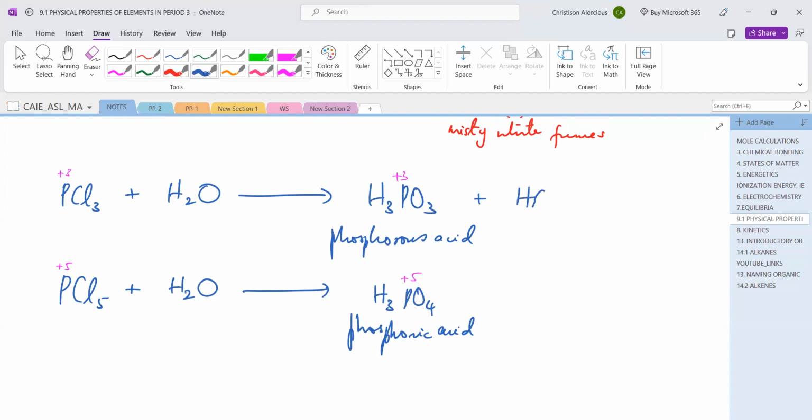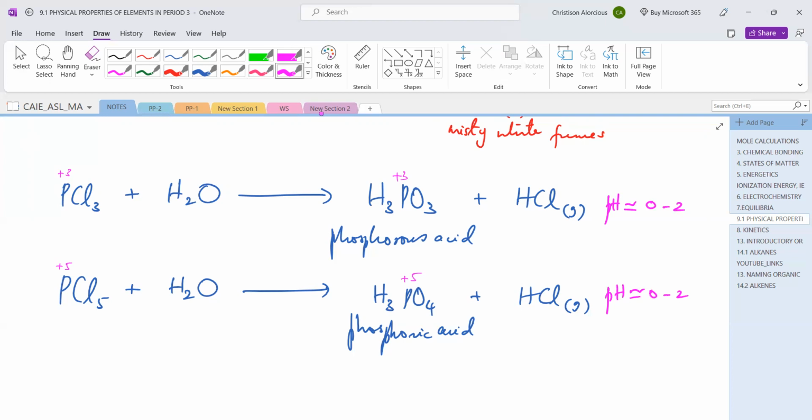They give you misty white fumes of hydrogen chloride gas. But as we've said already, in both cases, if there is enough water present, you may not see the gas being given out because it dissolves in water, producing hydrochloric acid, which is the reason for the pH of the solution being from 0 to 2.